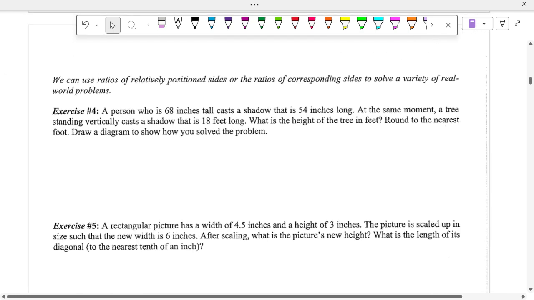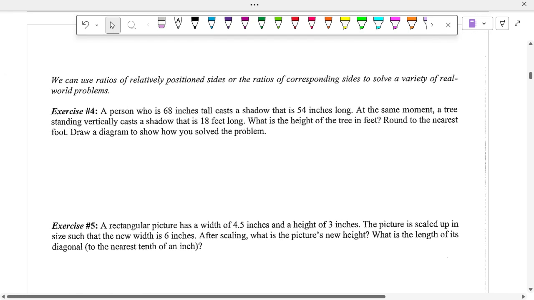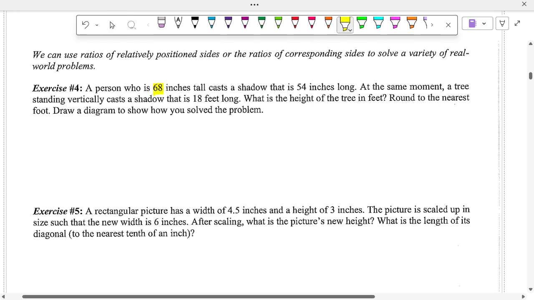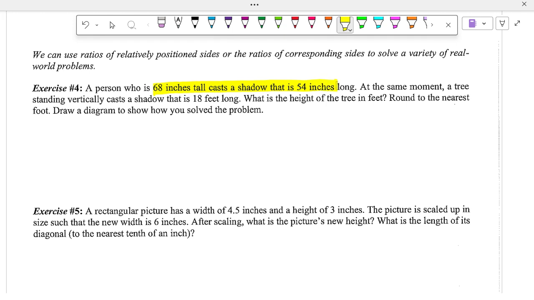Now, we can use ratios of relatively positioned sides or ratios of corresponding sides to solve a variety of real-world problems. So, a person who is 68 inches tall casts a shadow that is 54 inches long.